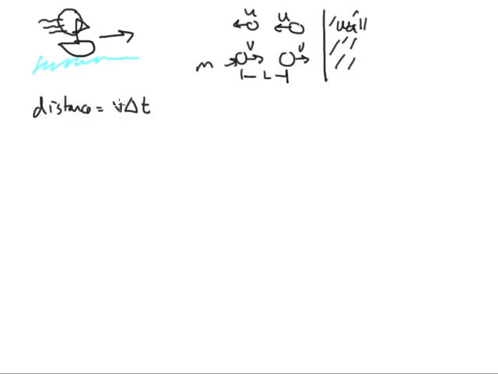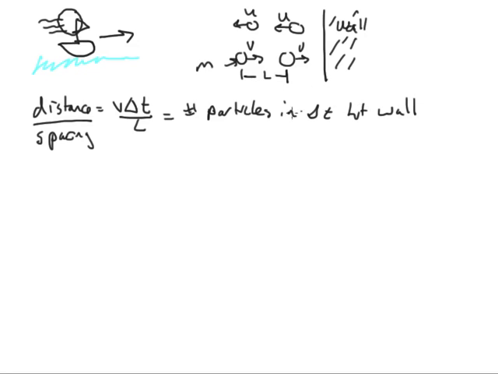So we're going from meters per second multiplied by seconds and getting a distance. The distance traveled divided by the spacing, which in this case is L, gives the number of particles in delta t that hit the wall.